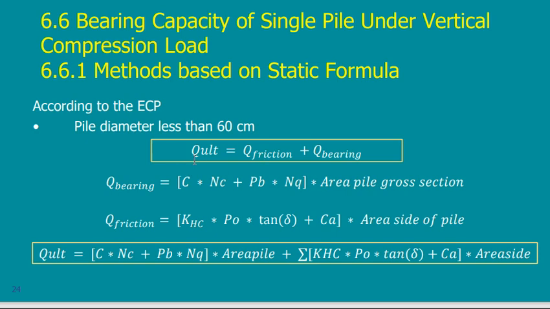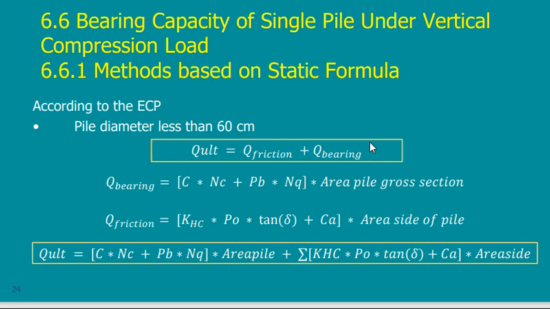What we calculate using this equation, which is the load due to friction and the load due to end bearing, is not the load that the pile can carry. It's the load that the soil can carry from the pile. So this is a very important thing, because it necessitates that you check what the pile can carry as a concrete section, because maybe the pile can carry less than what the soil can carry.